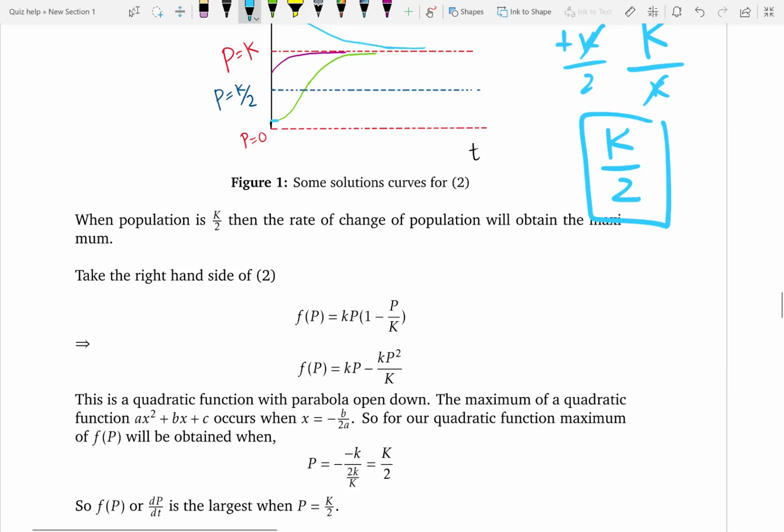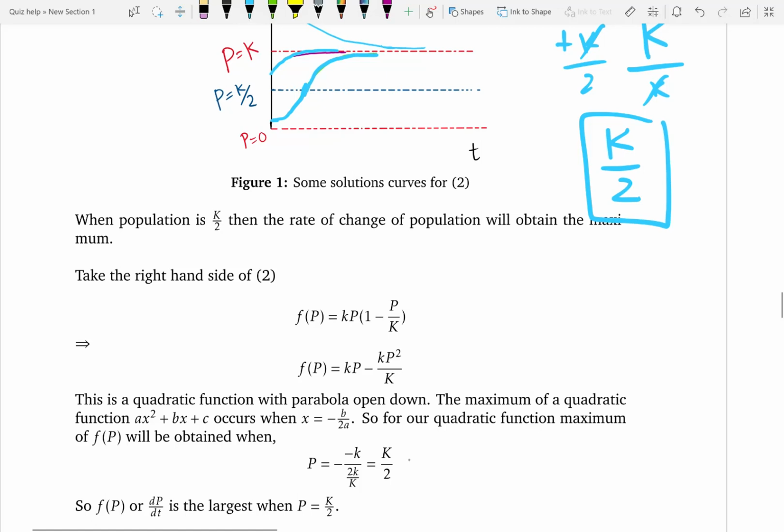Okay, so our solutions will be like this. If you have a population less than half of the carrying capacity, you start to grow and you have a maximum growth rate here, then you slow down and approach carrying capacity. But if you have an initial population bigger than half of the carrying capacity and below the carrying capacity, you just slowly increase the population up to carrying capacity, and that's all.